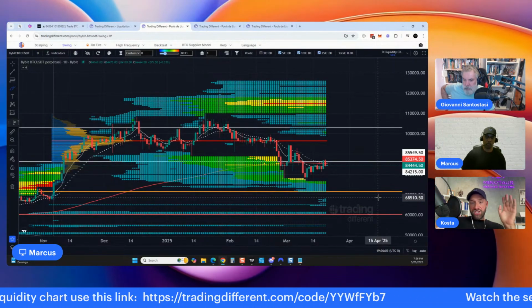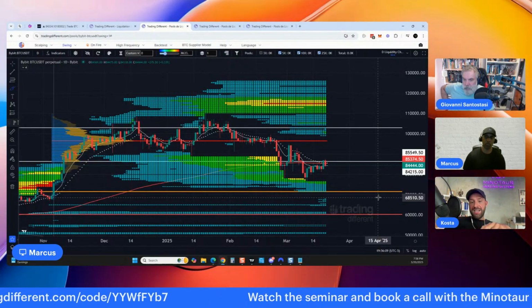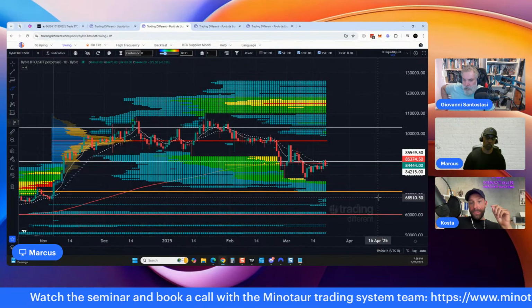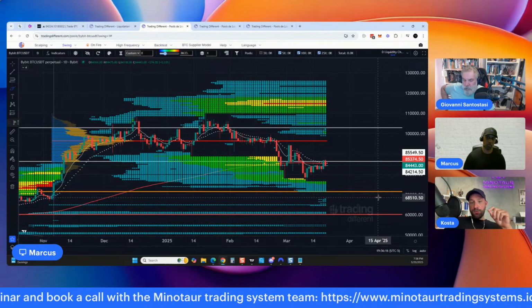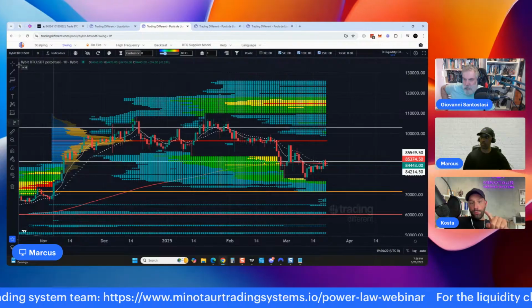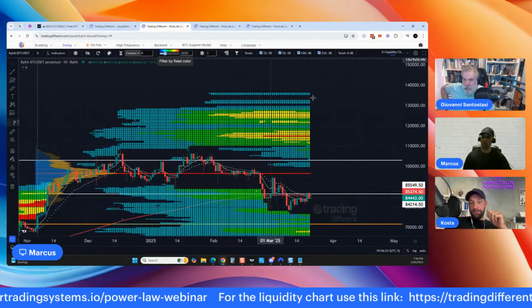It also might not. News can drive things in the opposite direction. It doesn't always take that liquidity at the bottom. It's always going to take that top. So we could say that the minimum base case for this bull run is 130K, because that liquidity pool up at the top there, Marcus, is going to get taken no matter what, right?